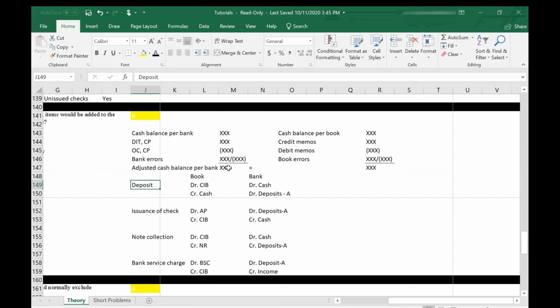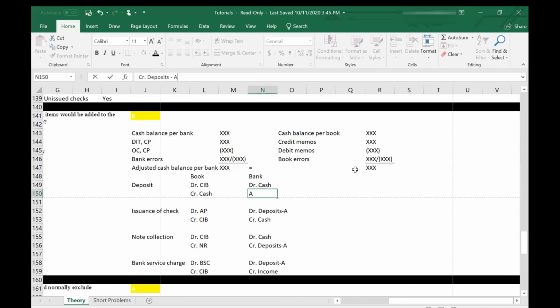So just to give a recording, because what's the difference between the bank credits my account, the bank debits my account? Okay. So when you deposit cash to the bank, in your books, how do you record it? When you deposit to the bank, you will credit your cash and you will debit CIB, or cash in bank. The bank in turn will receive your cash, it will debit cash, and later on it will credit deposits A, no?